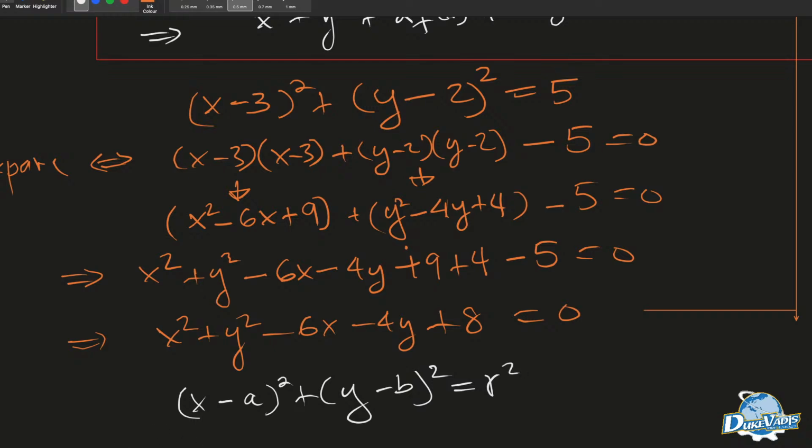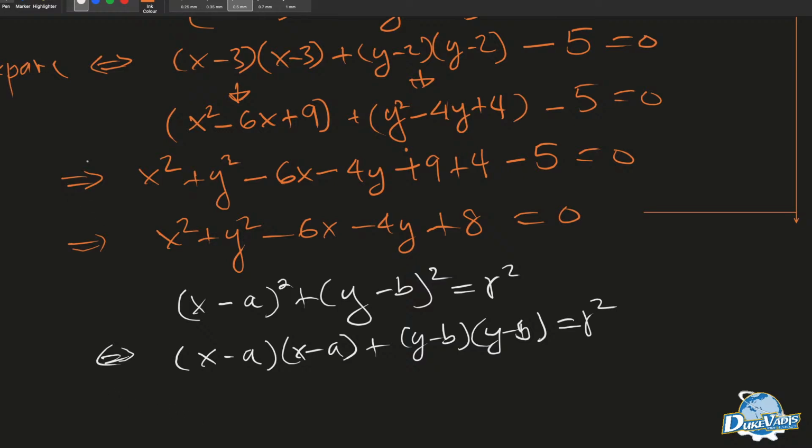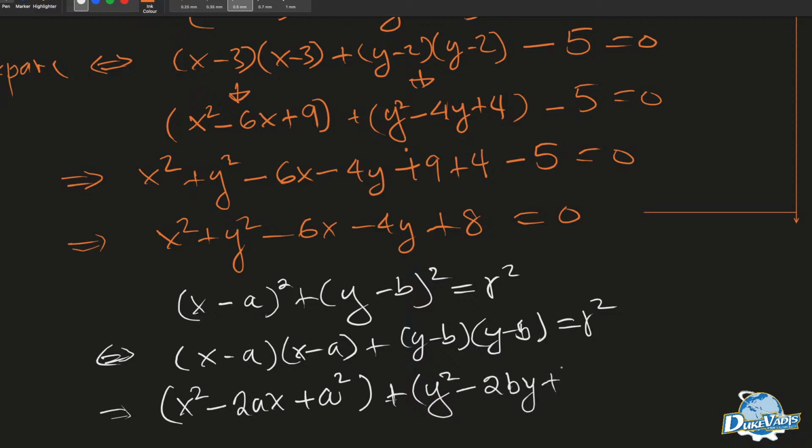The same way, we expand: this is x squared minus 2ax plus a squared, and this is y squared minus 2by plus b squared, minus r squared is equal to 0.